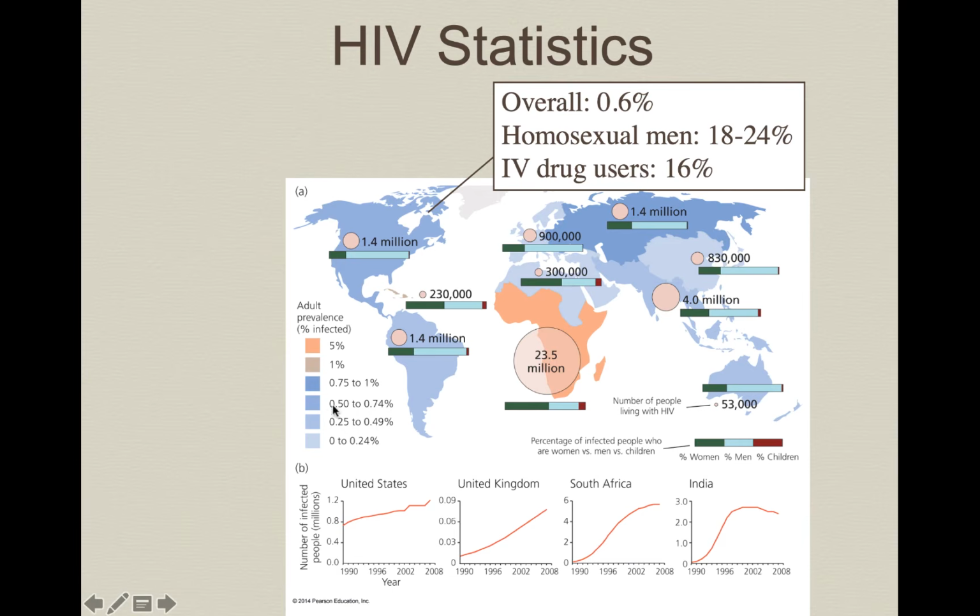You can see by looking at these bars that there is some variation across the globe with regard to the fraction of women, men, and children that are infected by the virus. On the x-axis, we're showing that there is still an increase in most populations in the total number infected.